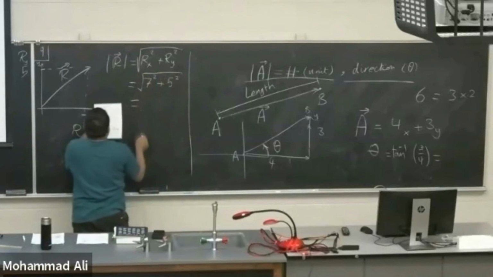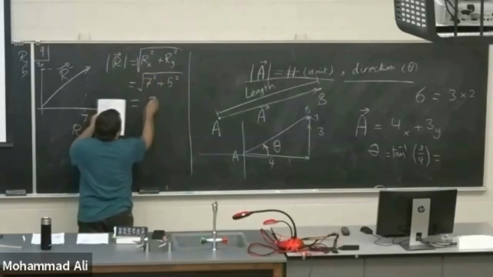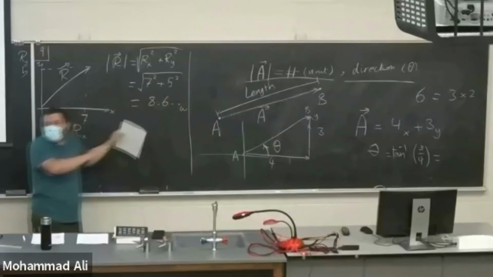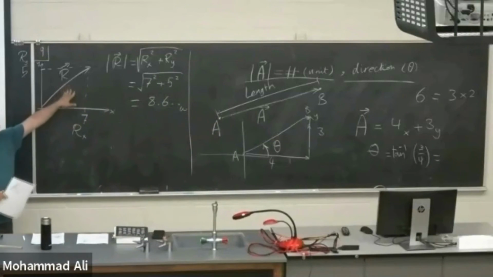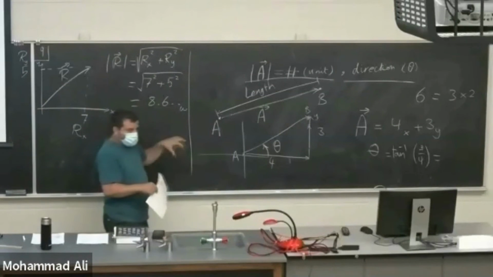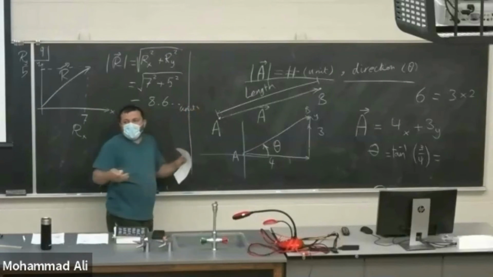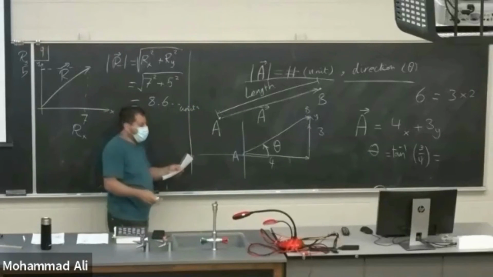It will be equal to 8.6 something. Unit of length. Maybe it is not length, maybe it is force. So for now I just use units, but in the future it may be a length or something like that.